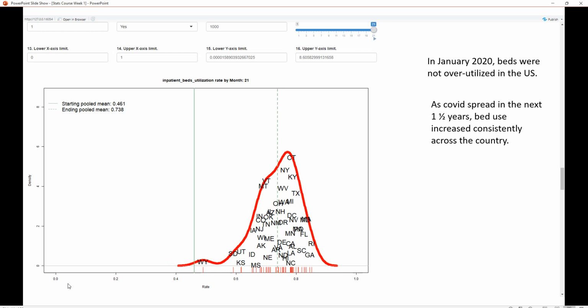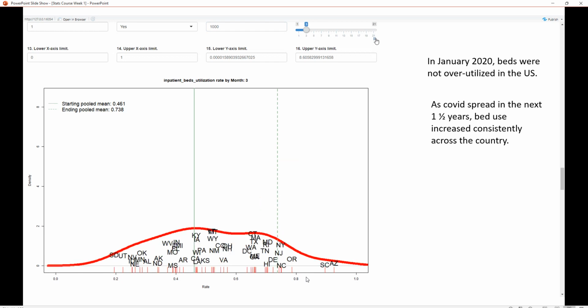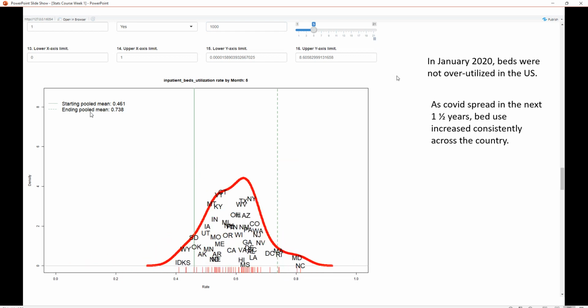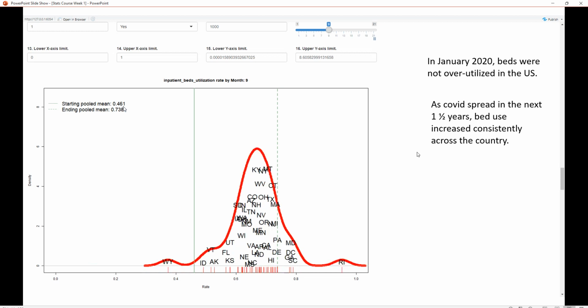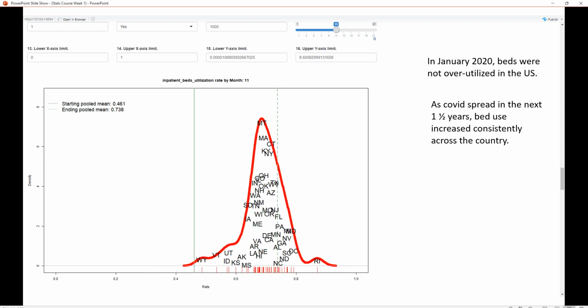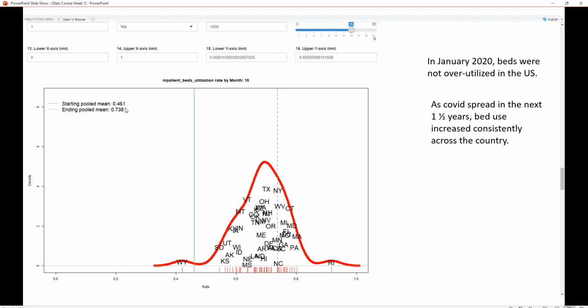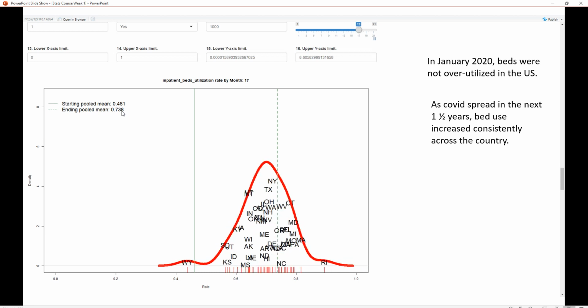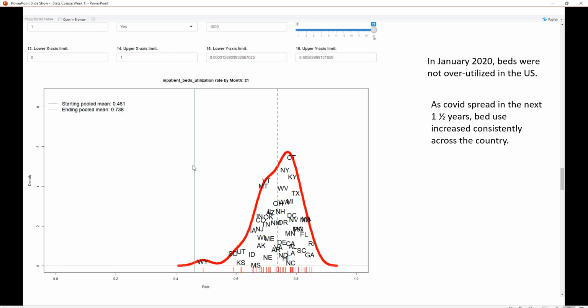On the x-axis, that ranges from 0 to 1.0. These are proportions, so we can see that back in January 2020, the inpatient bed utilization across the nation was about 46%, and then about a year and a half later, it's about 74%.